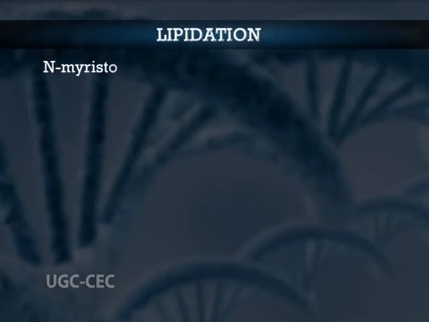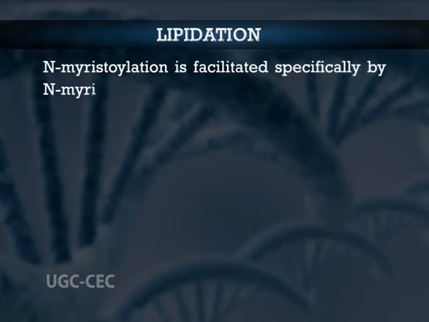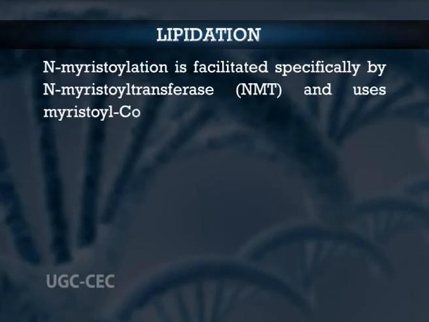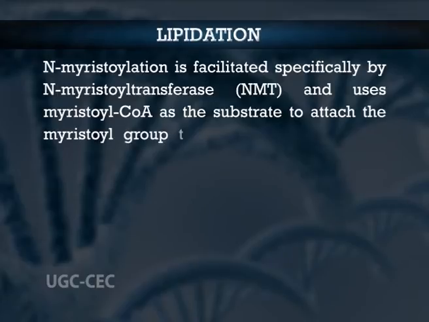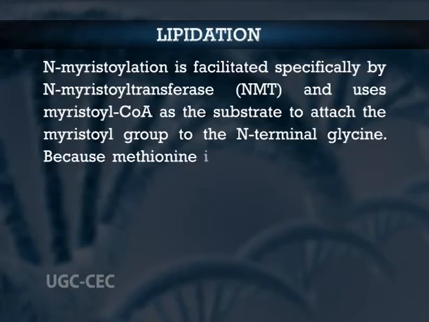Because of this conditional localization, signal proteins that selectively localize to membranes, such as SRC family kinases, are N-myristoylated. N-terminal myristylation is facilitated specifically by N-myristoyl transferase, also referred to as NMT, and uses myristoyl coenzyme A as a substrate to attach the myristoyl group to the N-terminal glycine.